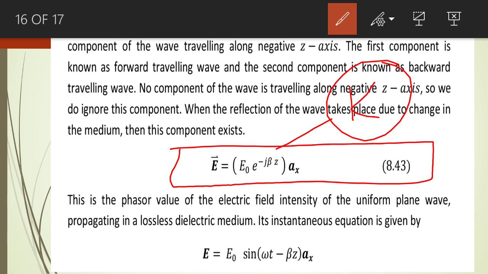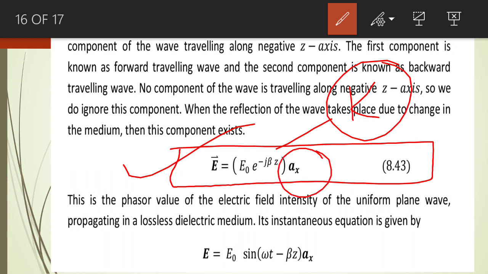So this is the phasor value of the electric field intensity of the light wave in a lossless dielectric medium. It will be equal to E naught into e raised to power minus jkz, replacing beta by k, multiplied by ax.